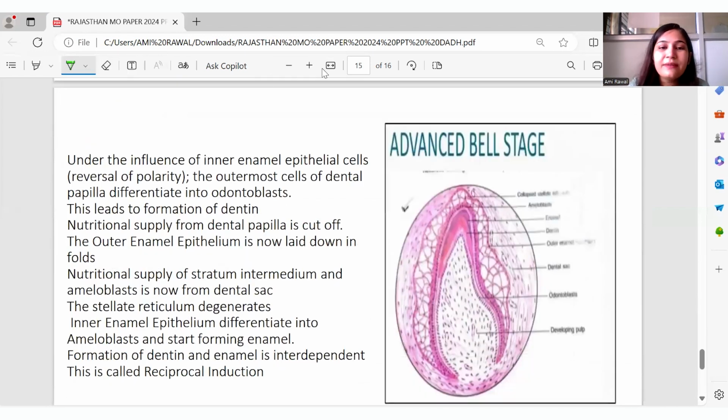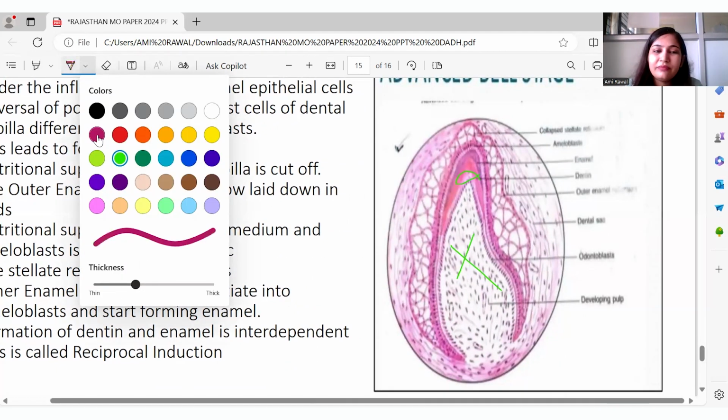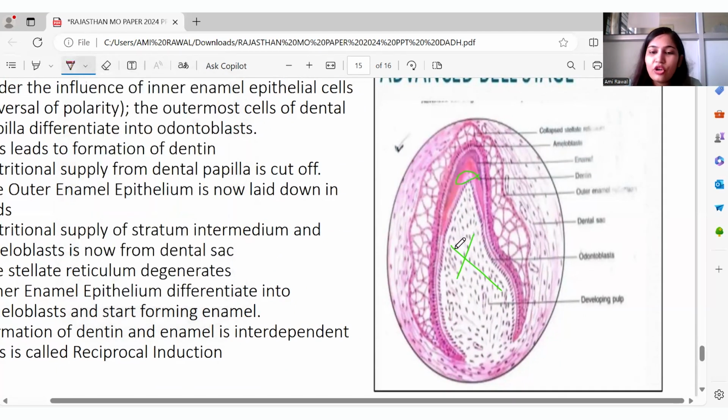This diagram we can appreciate. Here we can see dentine formation. This is dentine. So once dentine is formed, blood supply from dental papilla will be cut off. There will be no nourishment from dental papilla. So now what?